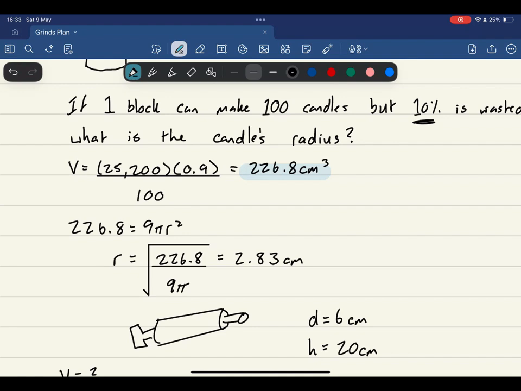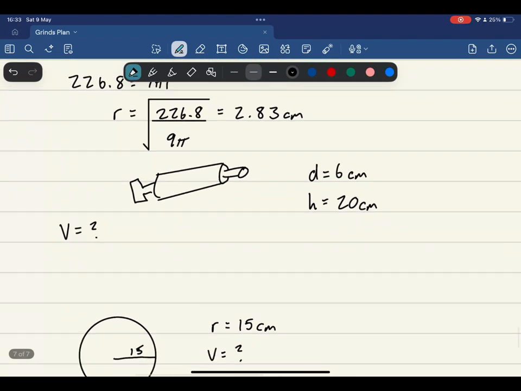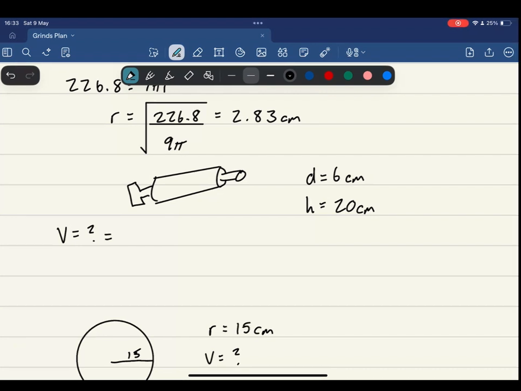This is another example from the paper where it's on about balloons and pumps. So we have a pump here where its height is 20 and it has a diameter of 6. It's a cylindrical pump, so we're going to use pi r squared h. The diameter is 6, so the radius is 3. So it's going to be pi times 3 squared times 20, and that will give us 180 pi centimeters cubed because we're using volume.